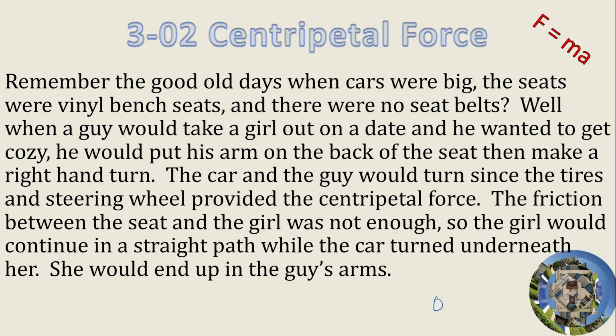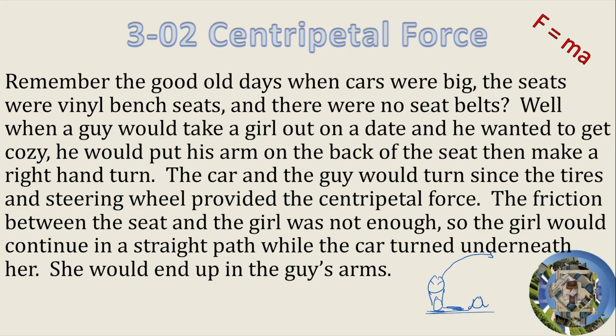All right, so here's the guy with the steering wheel. His arm's on the steering wheel, actually he puts one arm onto the back of the seat. The girl's over here, sitting there. And what he would do is he'd take a right-hand turn, kind of a sharp one. And the guy would turn, since the tires and the steering wheel provide the centripetal force through friction.